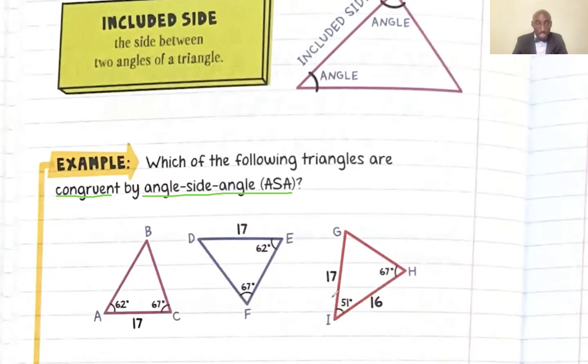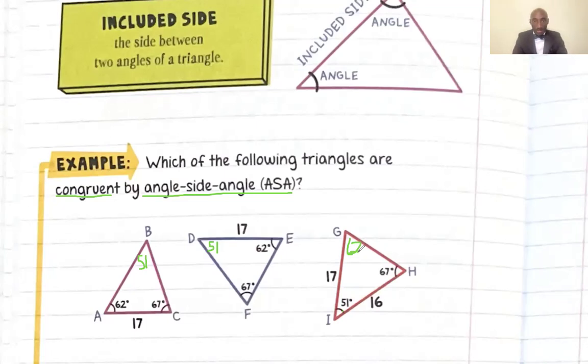So if we take 180 and subtract 62 and 67 in the first triangle, we get 51. So we know that this angle is going to be 51 here. This angle is going to be 51 here. And this angle is going to be 62 here because all three of these had some combination of the same angles.